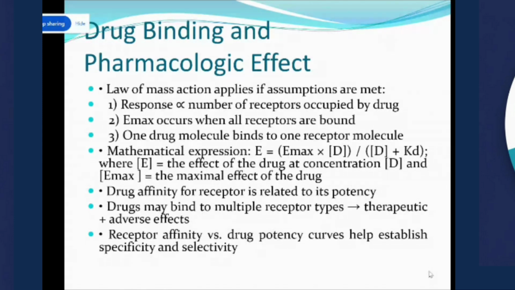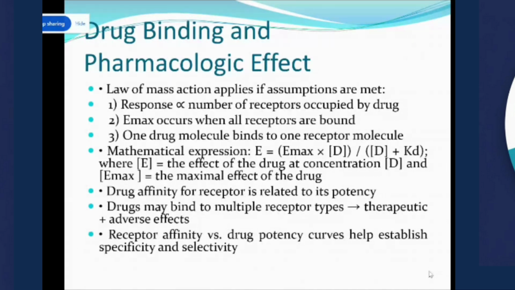The second assumption is that the Emax occurs when all receptors are bound. The third assumption is that one drug molecule binds to one receptor molecule. Mathematical expression: E is equal to Emax times D over D plus Kd, where E is the effect of the drug at concentration D and Emax is the maximal effect of the drug.